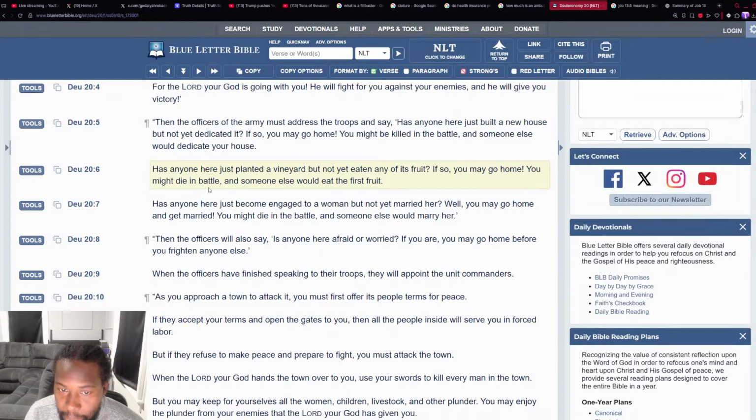You might die in battle and someone else would eat the first fruit. Has anyone here just become engaged to a woman but not yet married her? Well, you may go home and get married. You might die in the battle and someone else would marry her. Then the officers will also say, is anyone here afraid or worried? If you are, you may go home before you frighten anyone else.